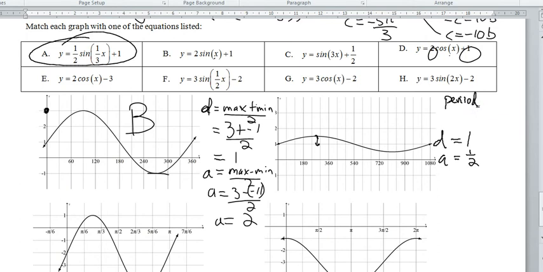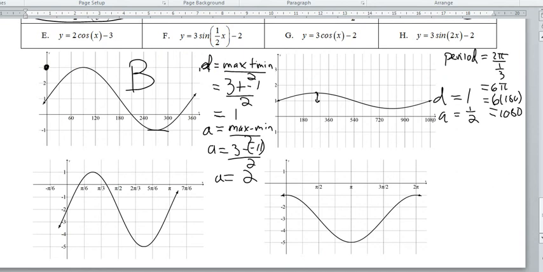So we'll figure out the period of this equation and see if it matches our graph. So period is equal to 2 pi over 1/3, which is 6 pi. Or because this is in degrees, it'll be 6 times 180, which is 1080, and this period is 1080. Okay, because it's in degrees.